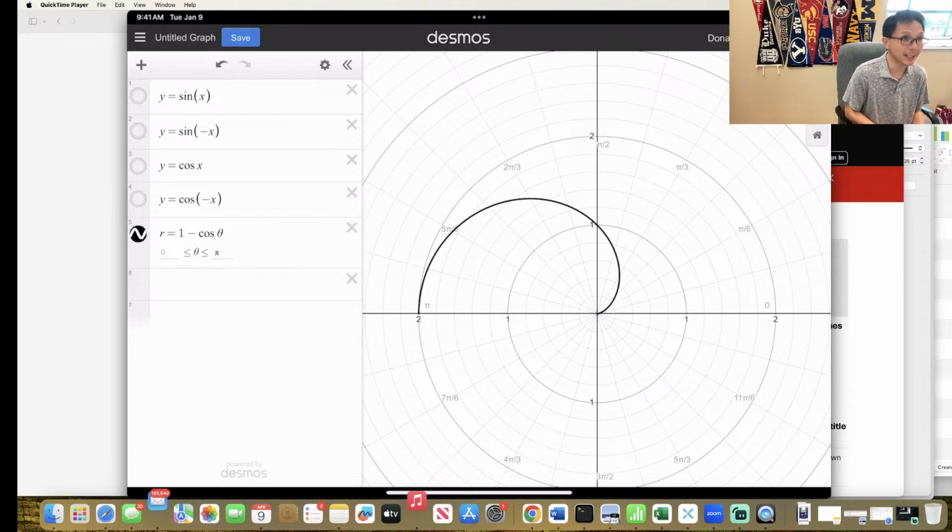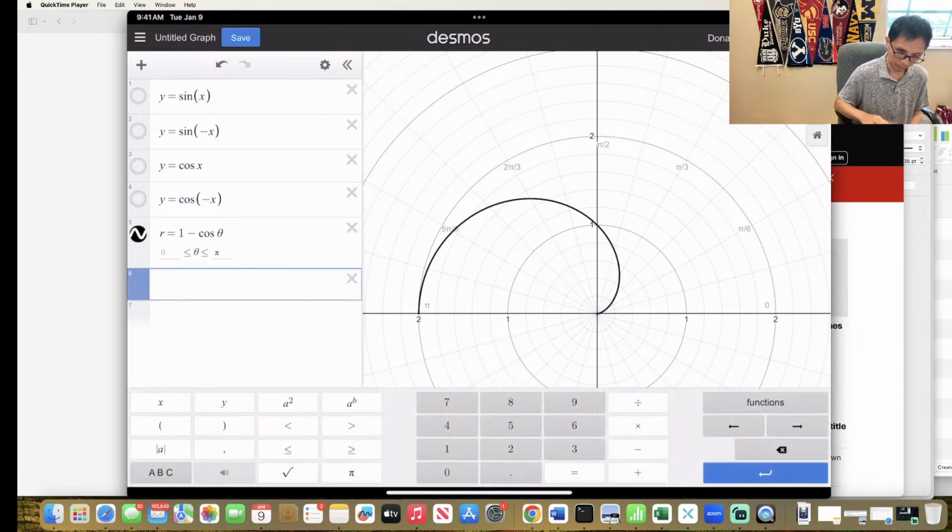And you're going to plug in the second one. So let's just imagine you plug in pi over 4. If I plug in pi over 4, what am I going to get? 1 minus cosine of pi over 4, which is 1 minus square root of 2 over 2. What is 1 minus square root of 2 over 2? Anybody can tell me? So square root of 2 is about 1.4, divided by 2 is 0.7, so it'll be 0.3.